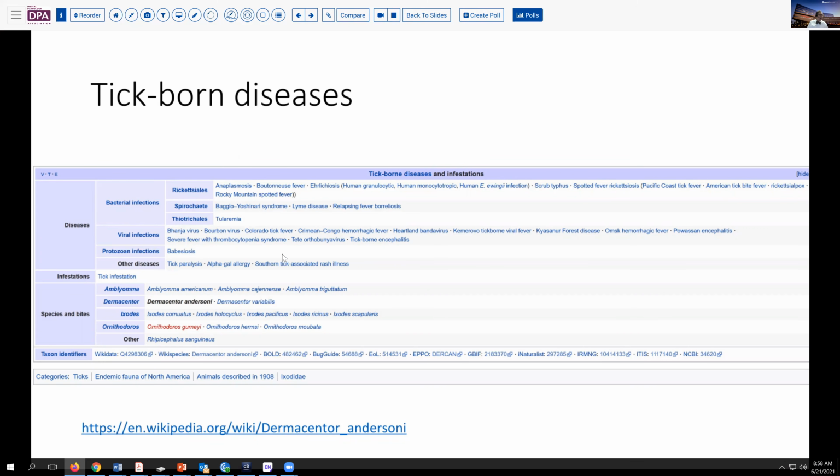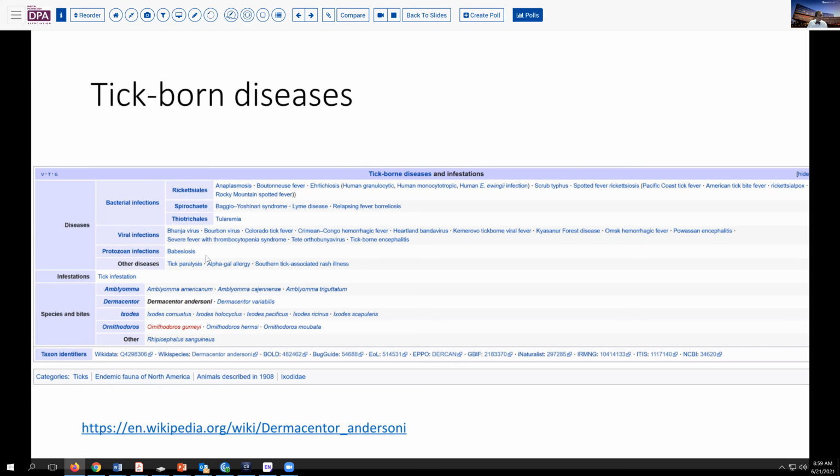So anytime you encounter a tick bite, it's always good to remember where you are, what the prevalence of these various other diseases may be in your particular area, and give some consideration to those possibilities. As you can see, there are several different genera of ticks that can be involved with these different disorders.